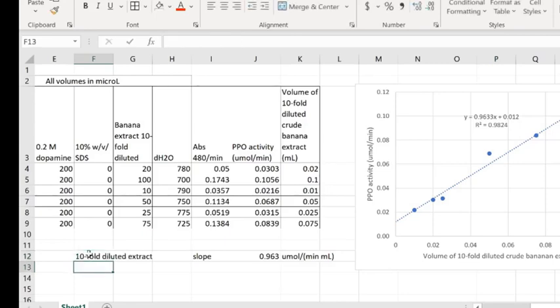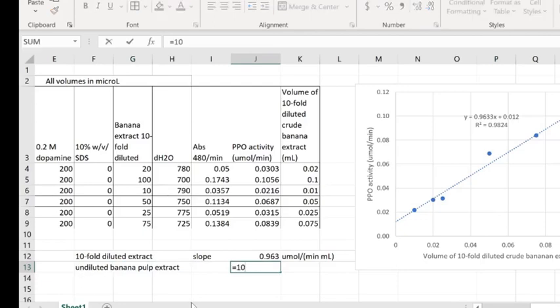The last question that remains is, what happened to the undiluted banana pulp extract? The undiluted banana pulp extract has a 10-fold higher activity because the dilution factor is 10.